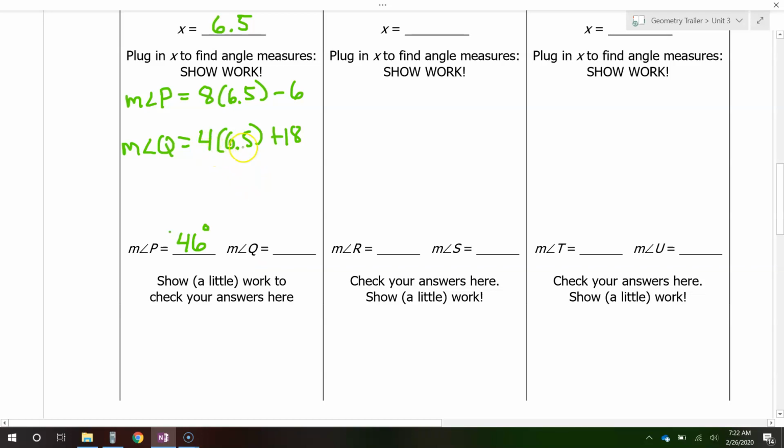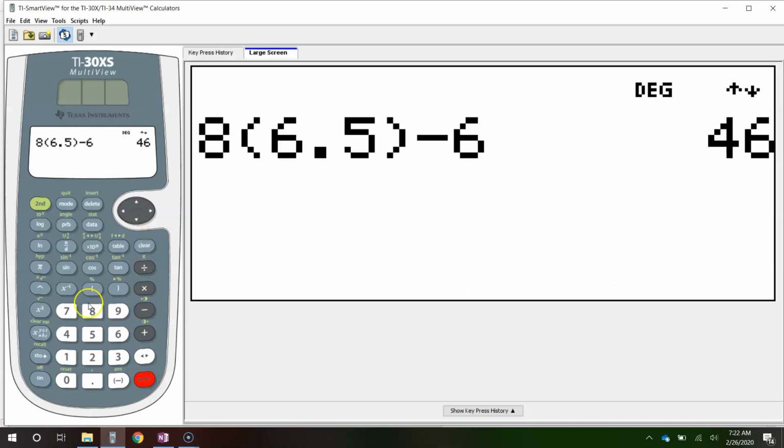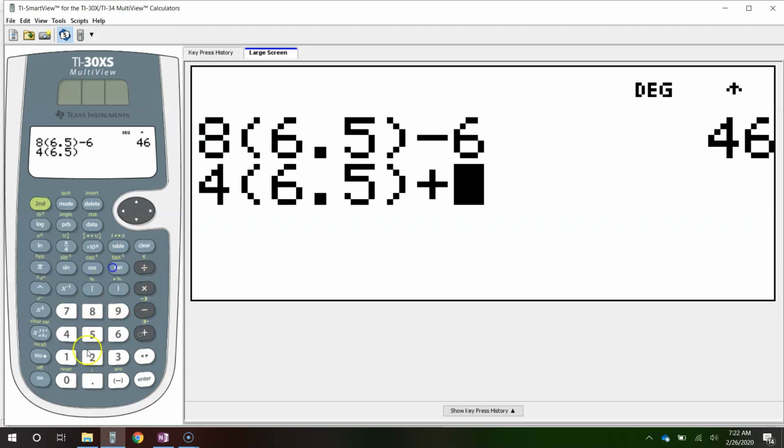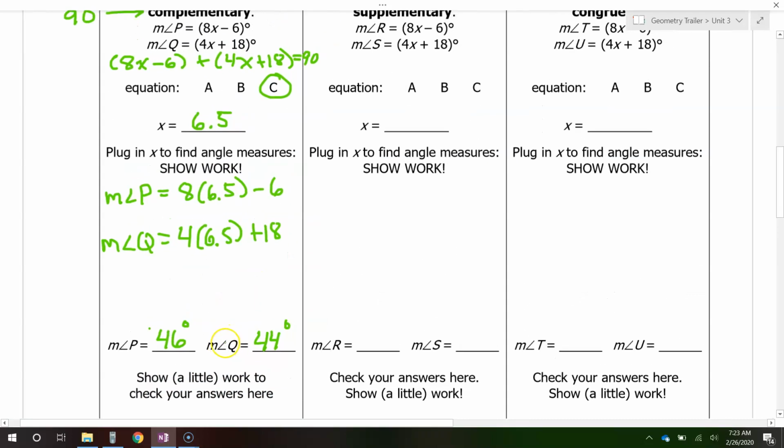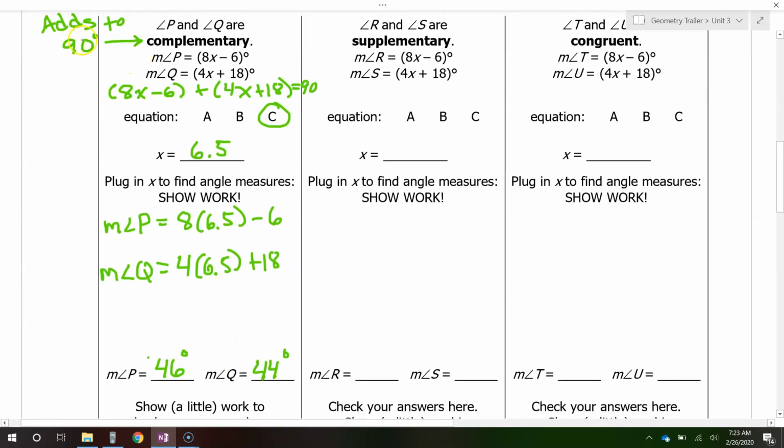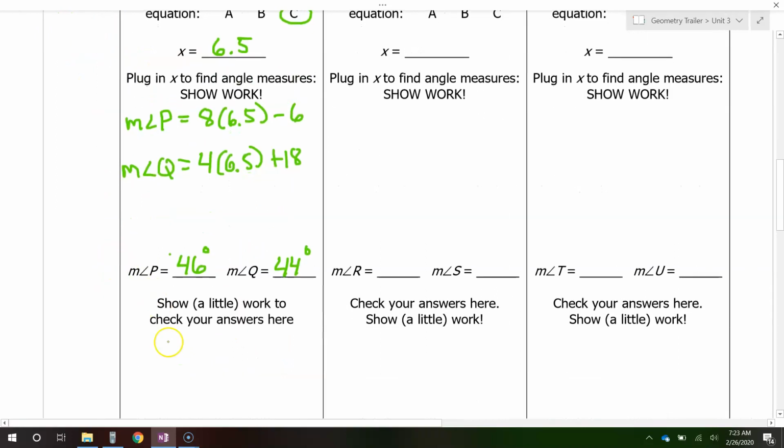Okay, so 4 times 6.5 plus 18. So that's 44. Show a little work to check your answer here. So these angles are supposed to be complementary, so they have to add up to 90.